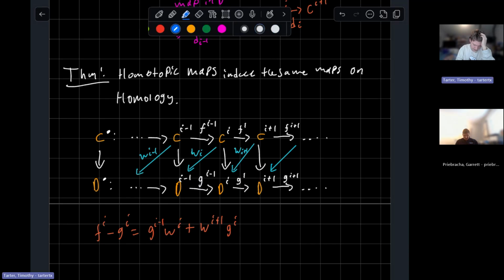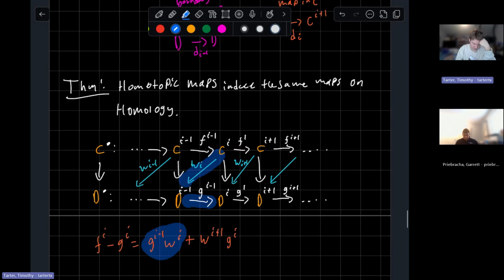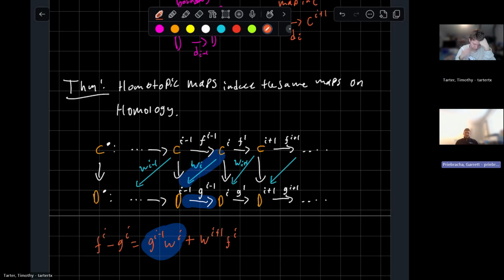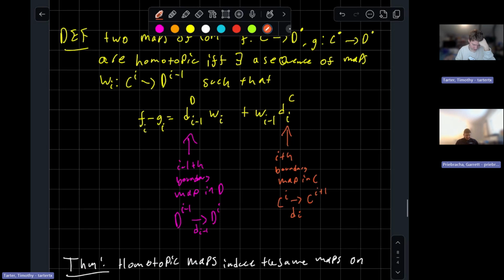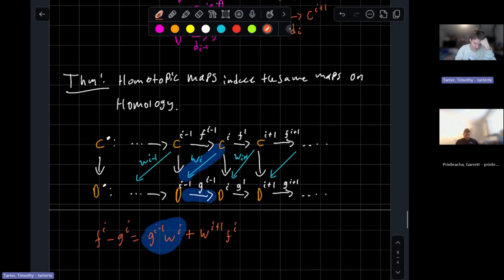And just visually, oh, except it's not gi, it's fi. And is it wi plus 1 or wi minus 1? It is wi plus 1, I think. Nope, minus 1.